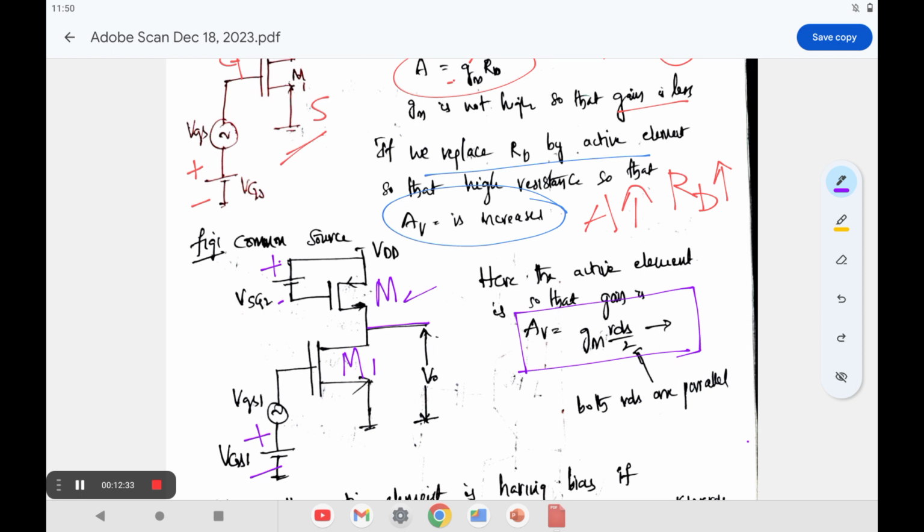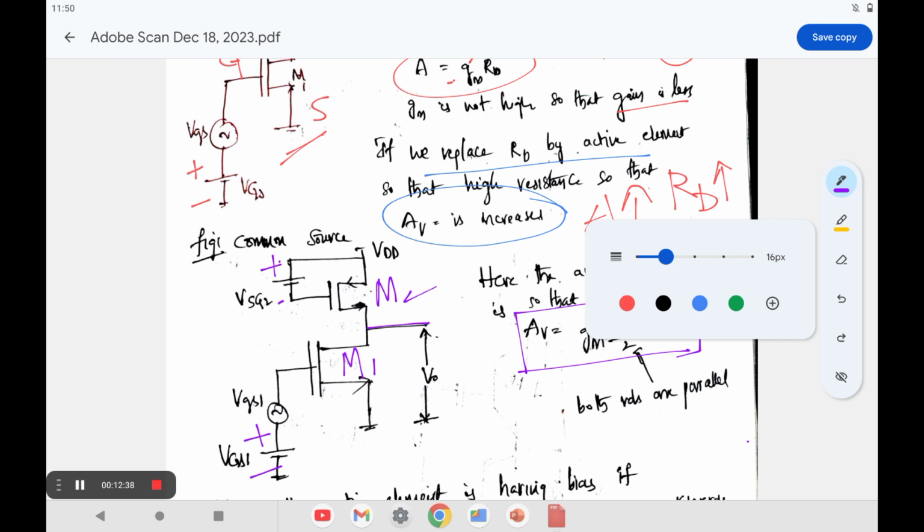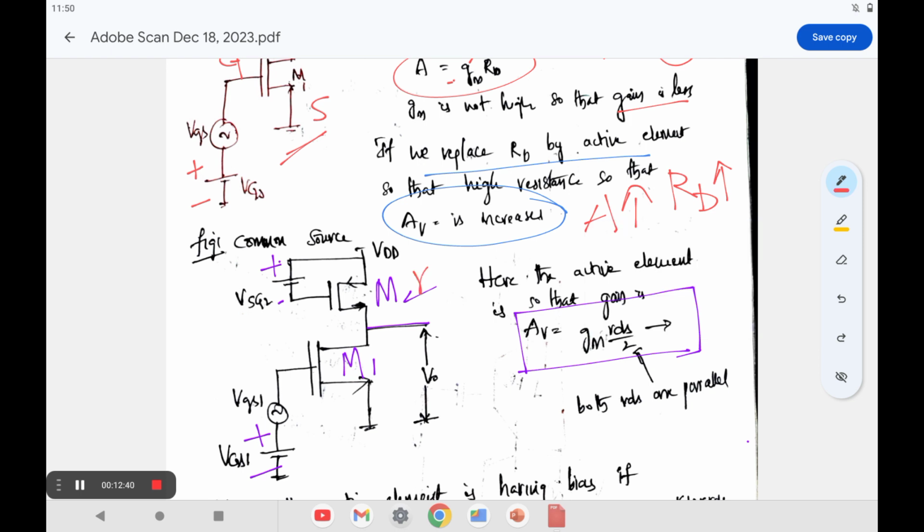Why does it depend on RDS by 2? The first transistor has an RDS, and at the same time the second transistor also has an RDS. Taking a point at the output, these two resistors are connected in parallel. Therefore, the overall RDS is equal to RDS times RDS divided by RDS plus RDS.